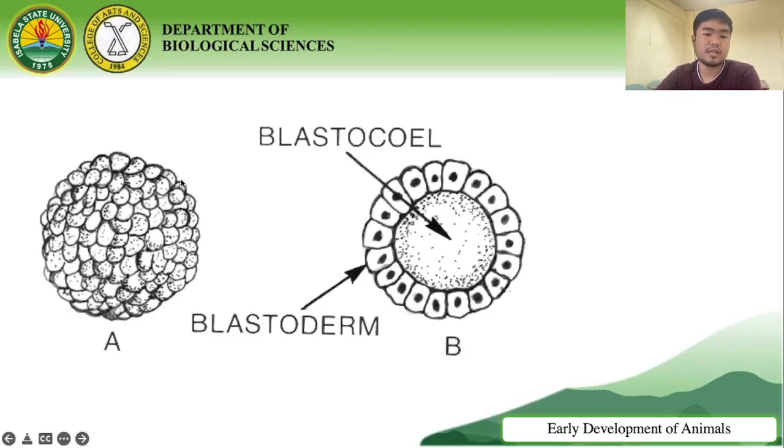Titignan natin sa labas dito sa figure A, and sa figure B, ito yung cross-section ng ating blastula or blastocyst. We have a single layer of cells, and yung sa loob ay wala. Sa cavity, walang laman. This is the blastocoel.